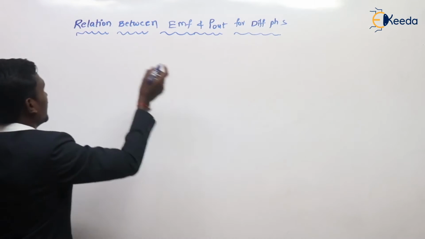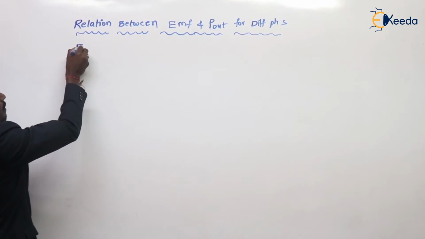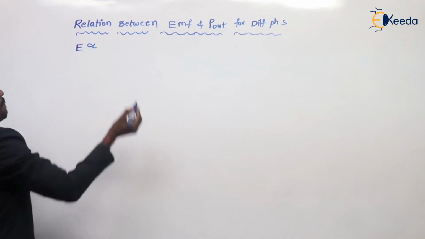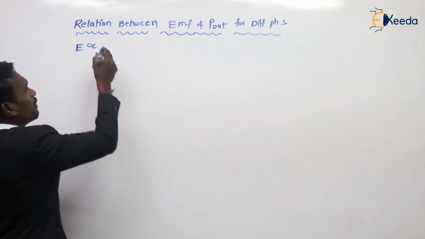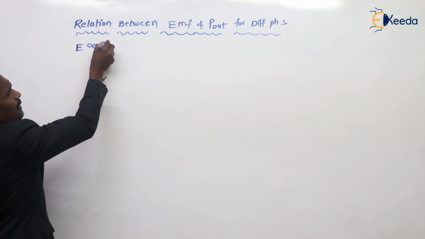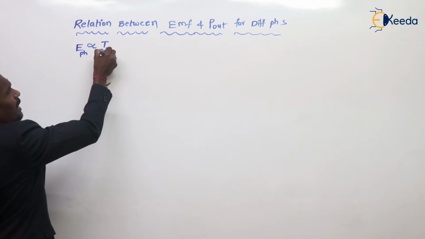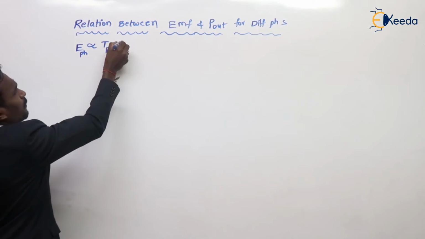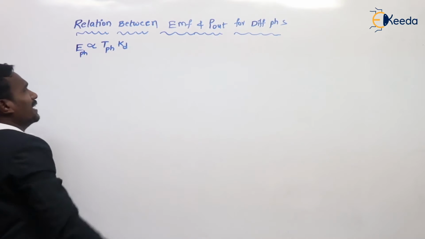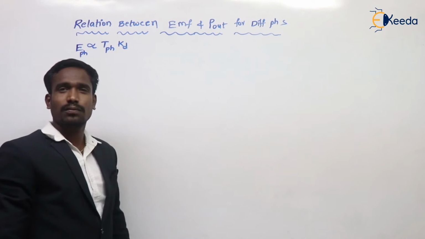Generally, the EMF per phase depends on the number of turns per phase and KD, the distribution factor.